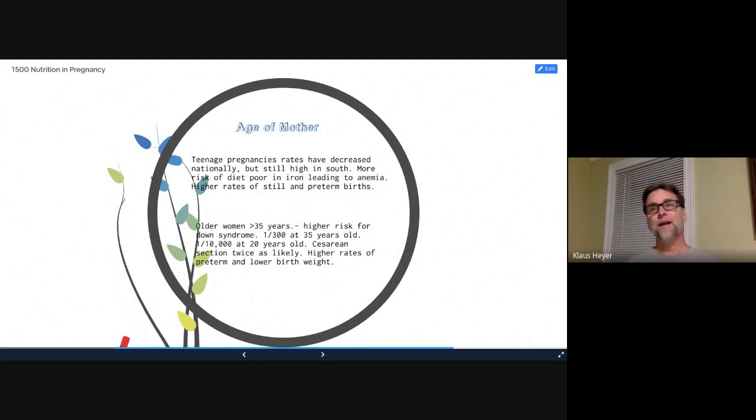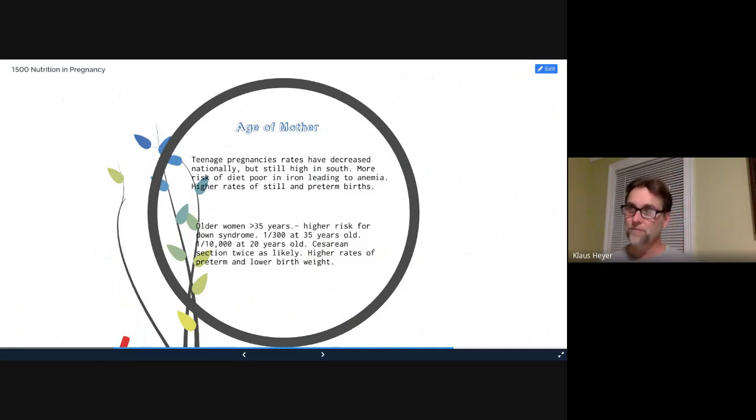So why is being 15, 16, 17 a risk factor? I put under 15, but really, young age is a risk factor because young girls and boys tend to eat really badly. So there's a higher risk for anemia from iron deficiency, and so there's higher cases of preterm births.